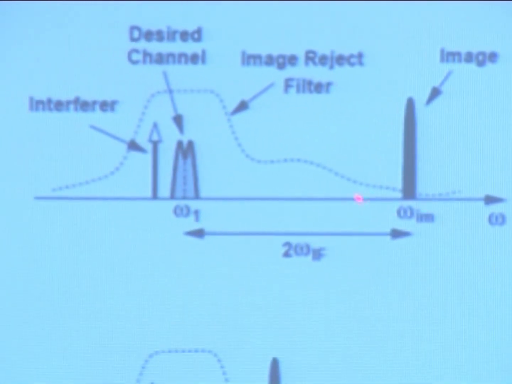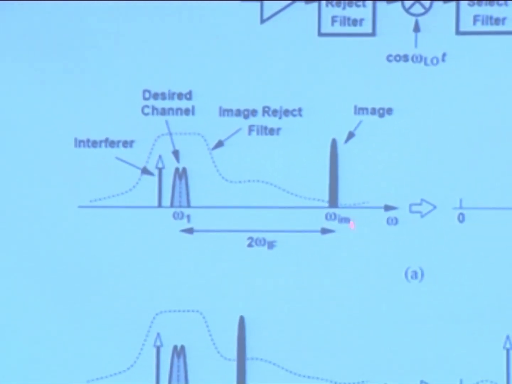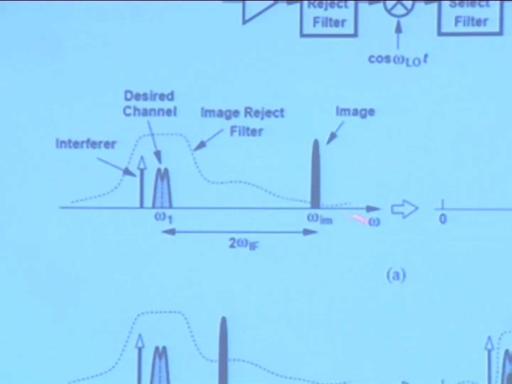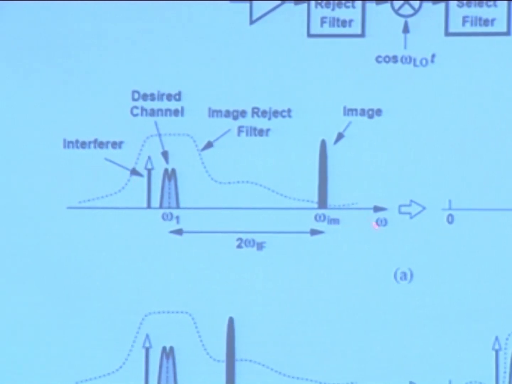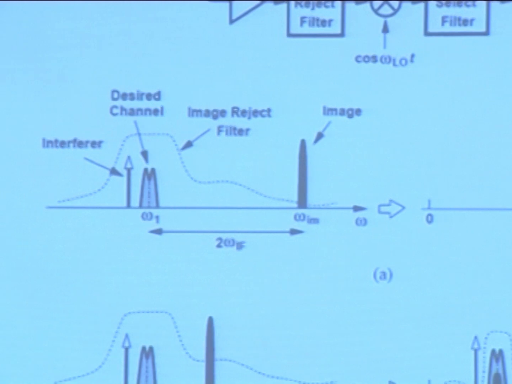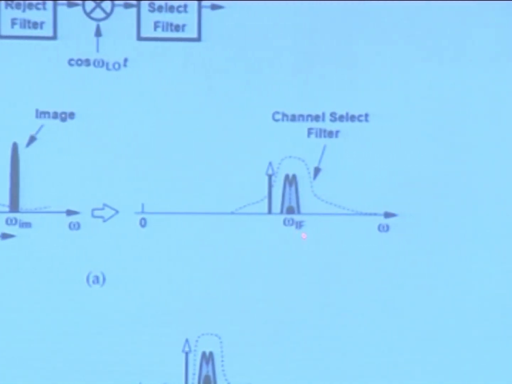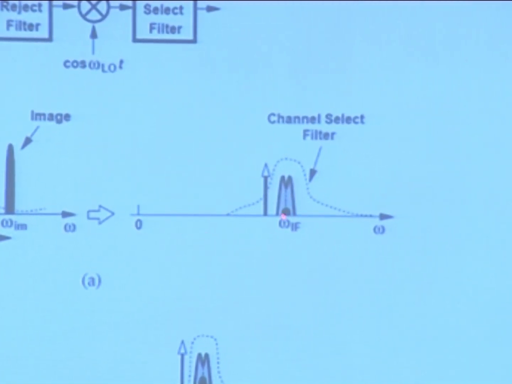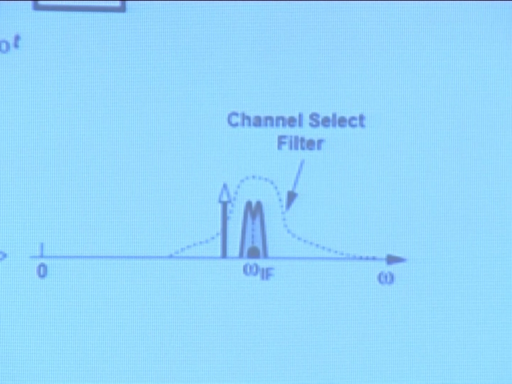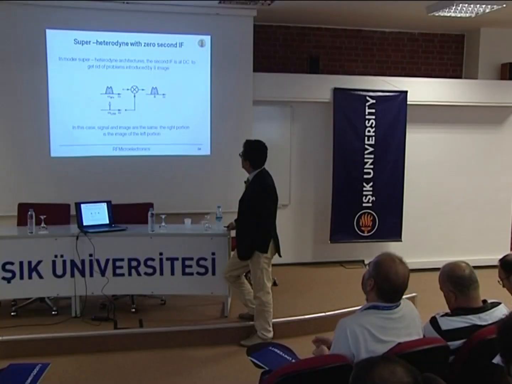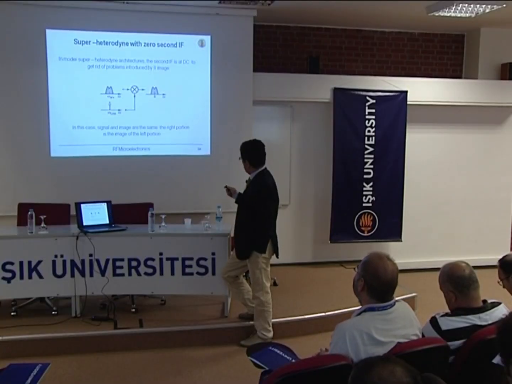For example, let's assume that the IF is wide, so you see a good separation. This is the shape of the image rejection filter, and the result is that at baseband we have the received signal plus the residue of the image, but we also have an in-band interference.